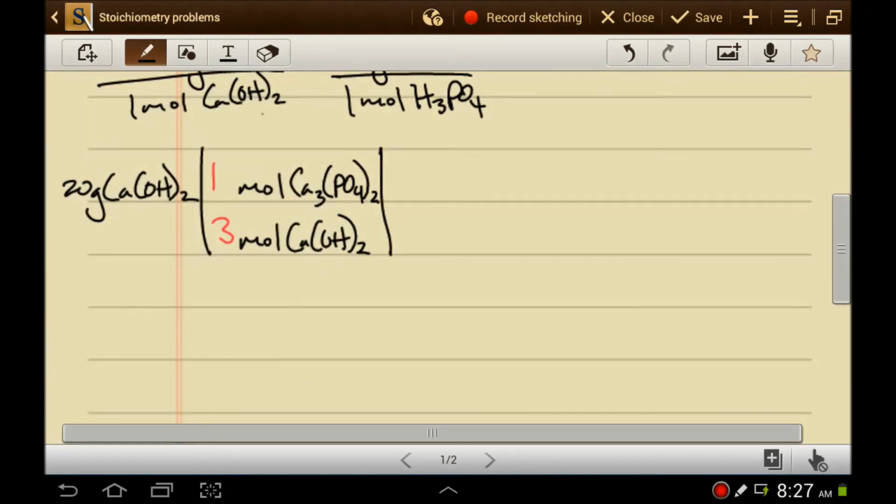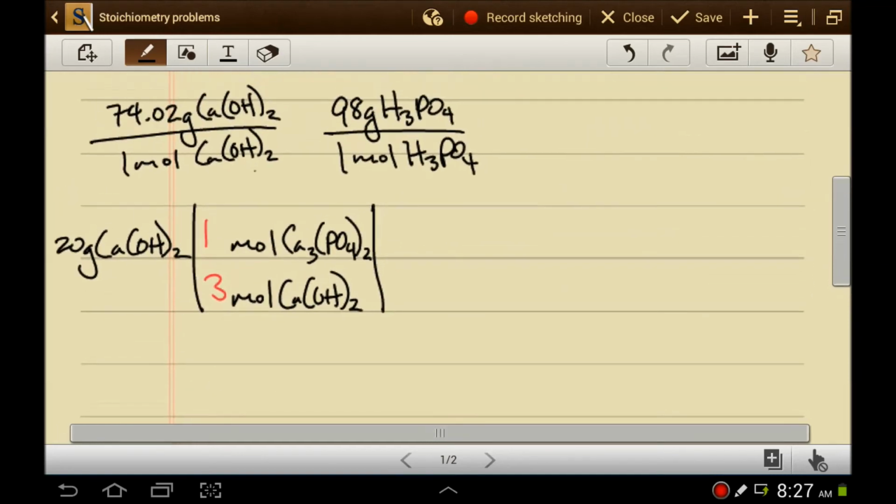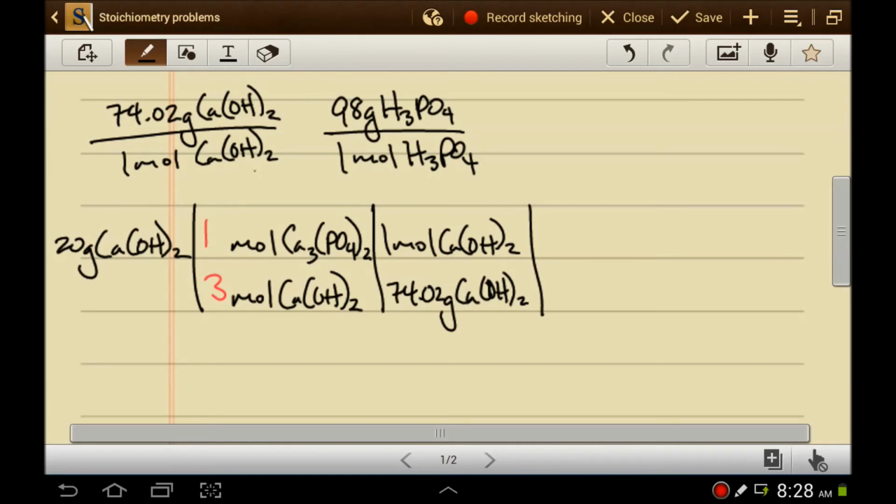And then I need the molar mass of calcium hydroxide, which is 74.02 grams of calcium hydroxide for every 1 mole of calcium hydroxide. And then I need the molar mass of calcium phosphate, which is 310.18 grams of calcium phosphate for every 1 mole of calcium phosphate.